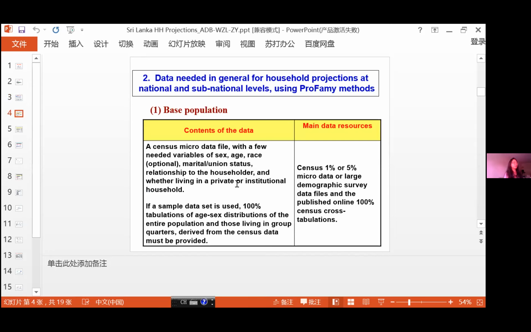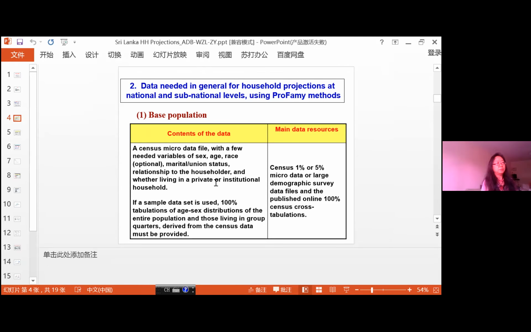In addition to the normal projection variables of sex and age, for households we need more variables, such as marital union status, the relationship to the householder, and whether individuals live in private or institutional households. These variables are very common and easy to get from census macro data. In this study, we got these variables from the Sri Lanka 2012 census macro data.